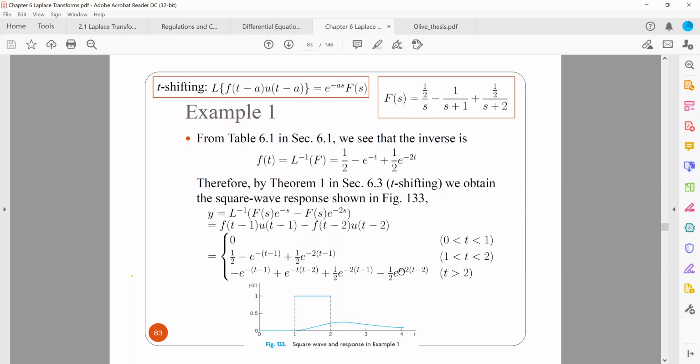So to get what we have here, we actually have to expand. We have to make this f(t). We have to make f(t minus 1). How do we do that? We'll get a half. It doesn't have any t, so it will remain a half, minus e to the minus (t minus 1) plus a half e to the minus 2(t minus 1), which is this.